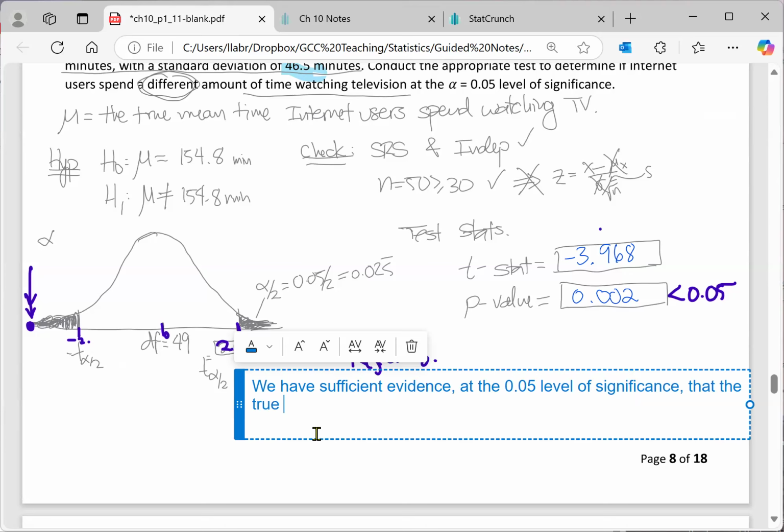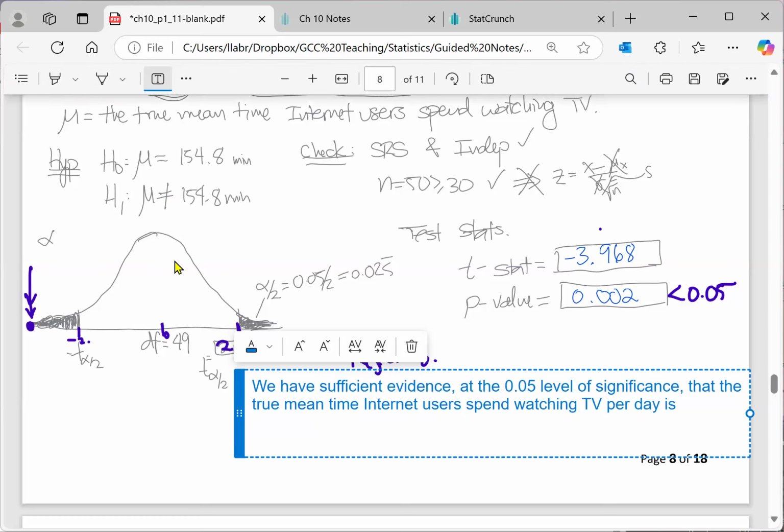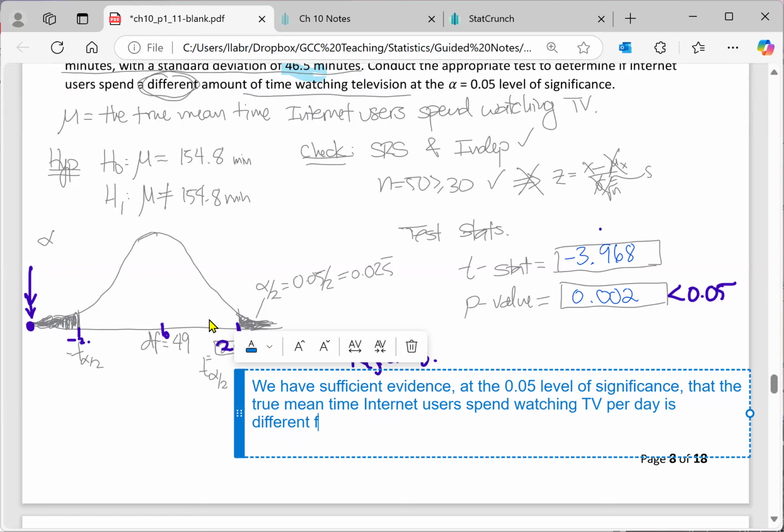So that was the true mean time that internet users spend watching TV per day. Does that make sense? True mean time internet users spent watching TV per day is, and then remember, always talk about the alternative. So we were trying to say that it's different. Is different from 154.8 minutes per day.